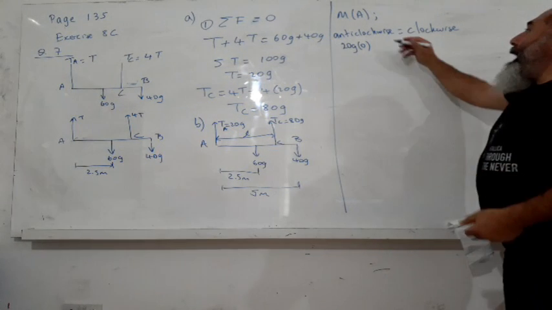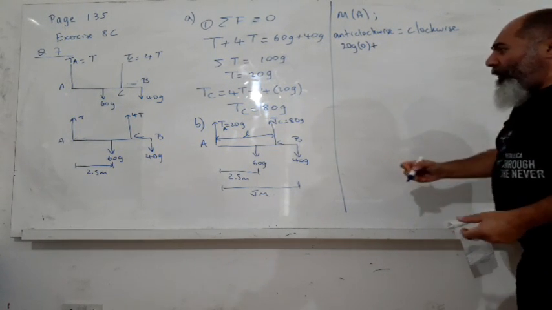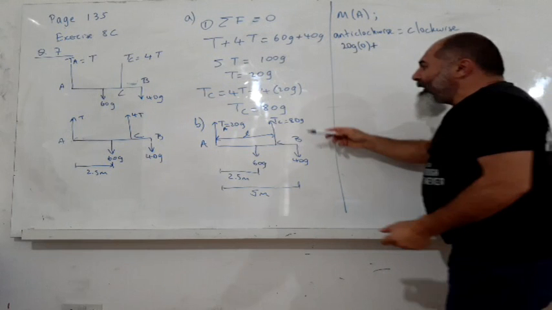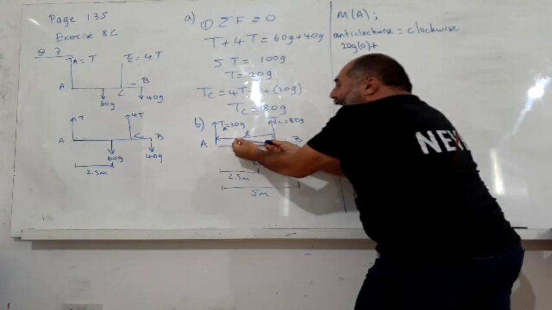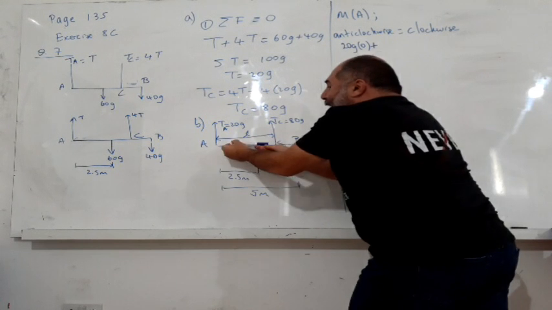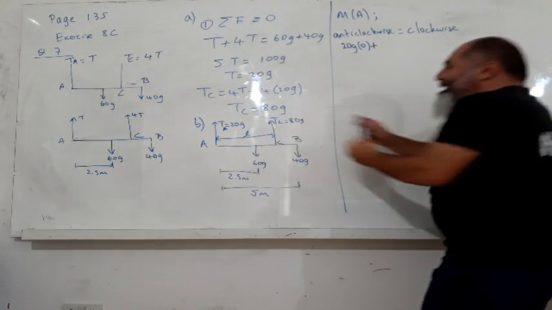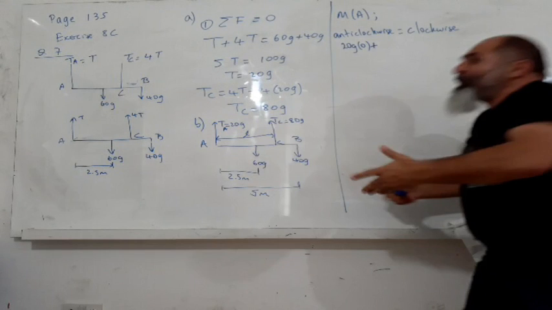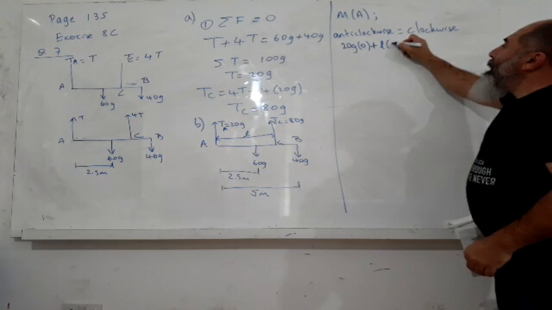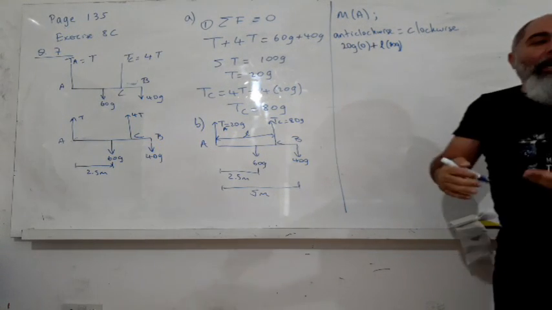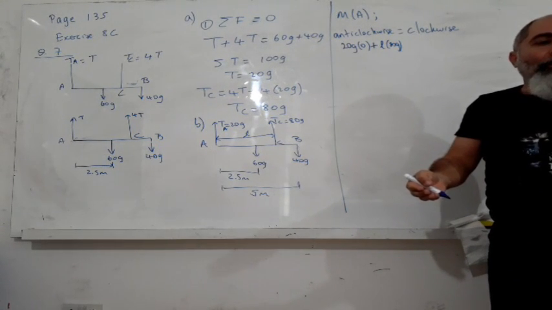And we have another force here pointing upwards. It tries to turn this rod AB in an anti-clockwise direction as well. It is C. Do we know the distance? No, but we call it L. And what is the force? 80 G. Remember, moment is what? Force times distance.